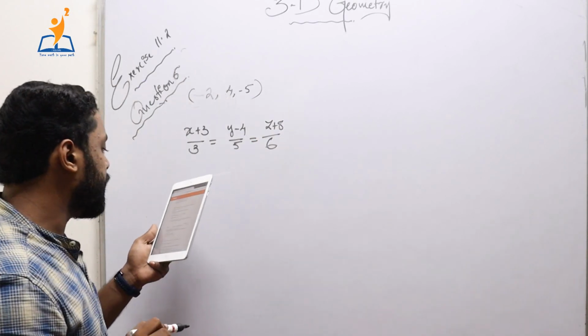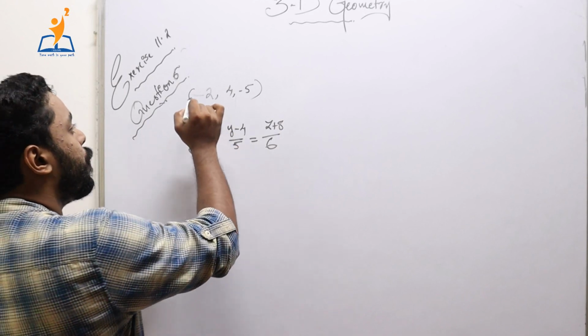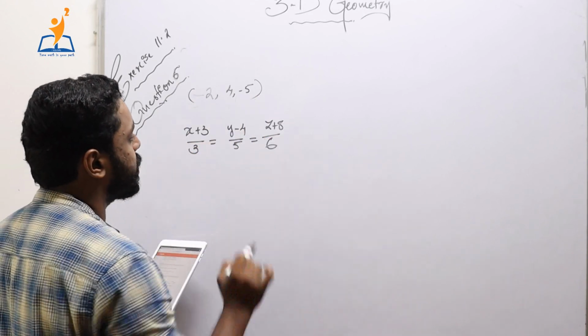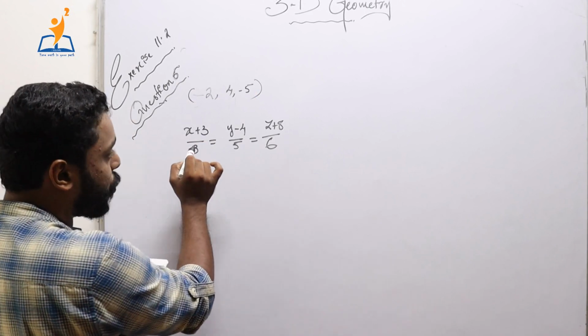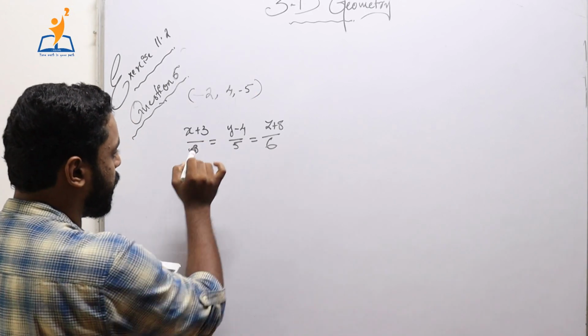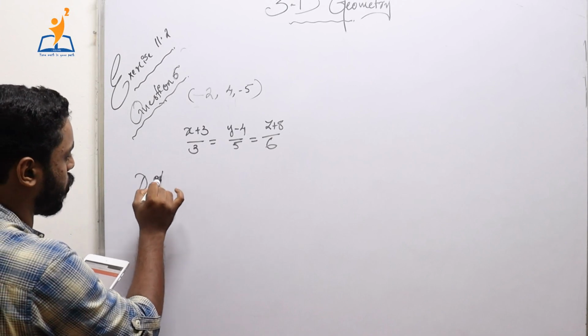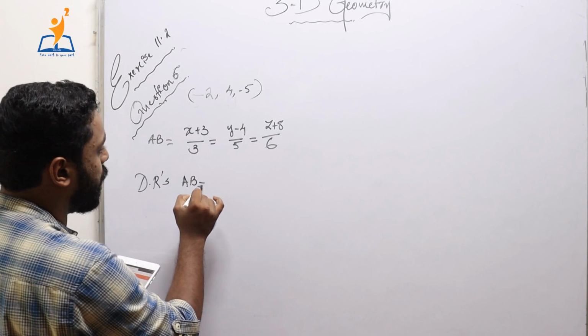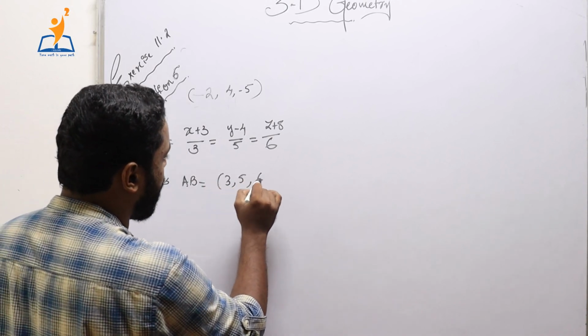So we have to find the Cartesian equation of the line which passes through this point and is parallel to this line. From this line itself we can obtain the direction ratios. We shall name this line AB, the direction ratios of AB are 3, 5 and 6.